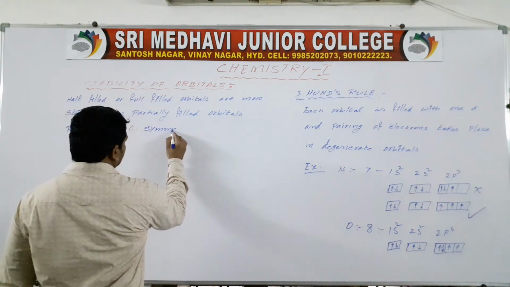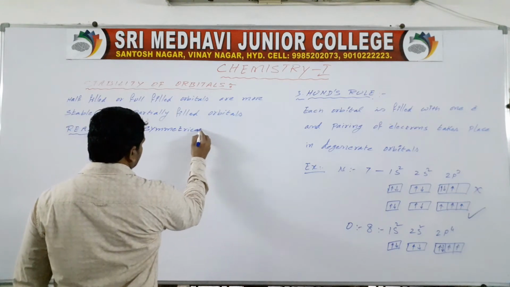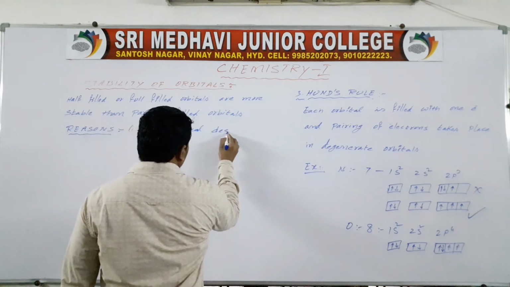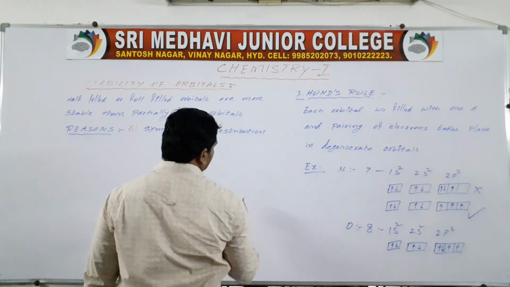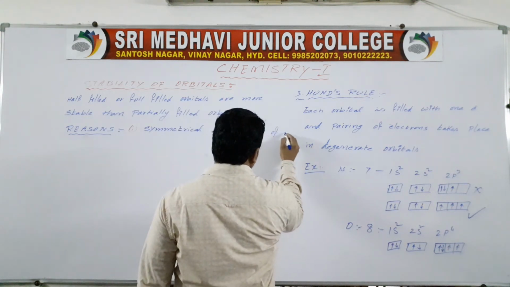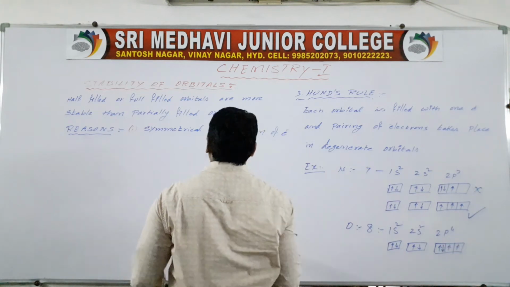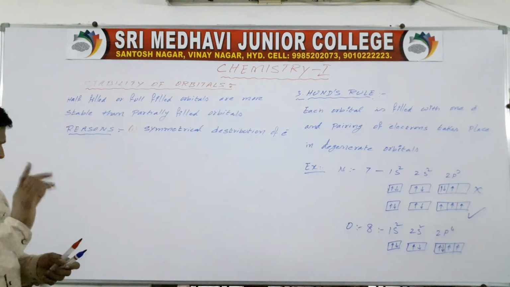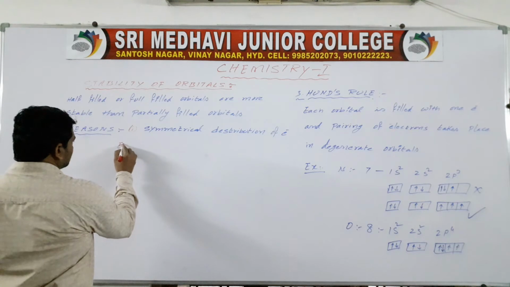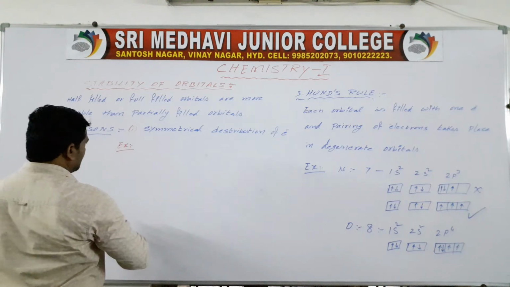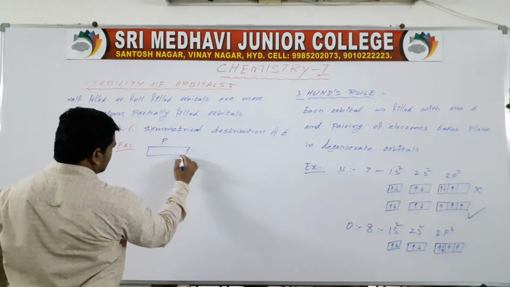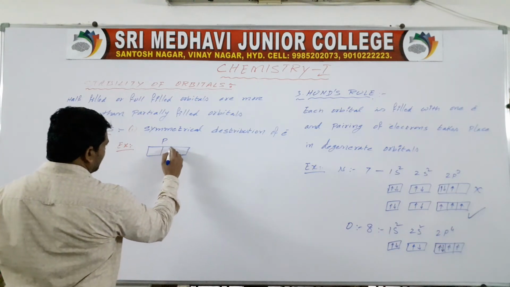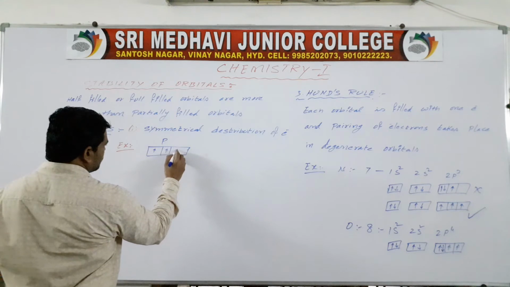Symmetrical distribution of electrons. This is the first one. For example, p orbital: how many? 1, 2, 3.